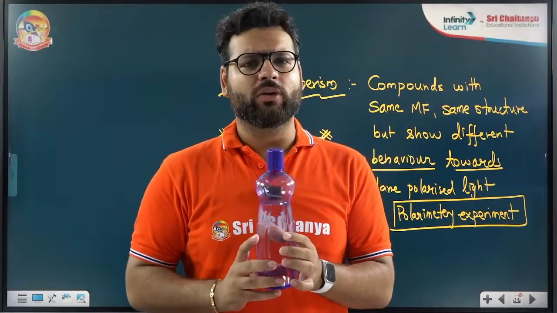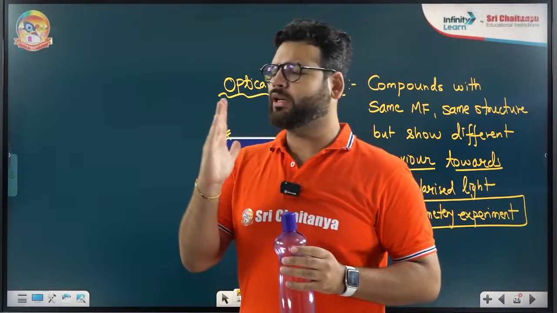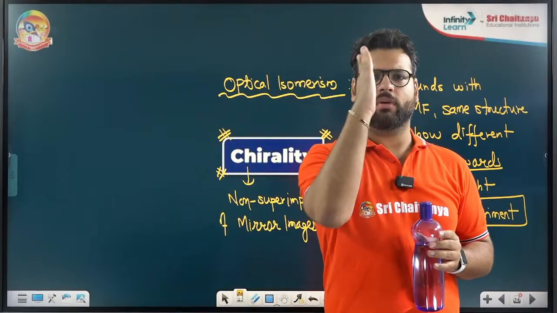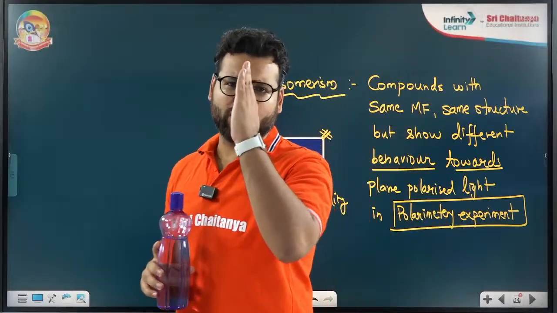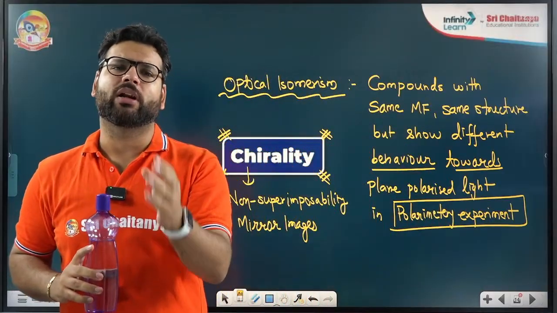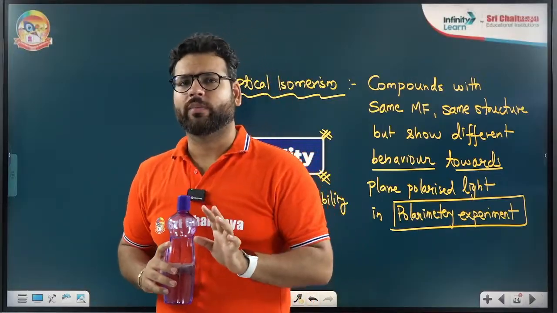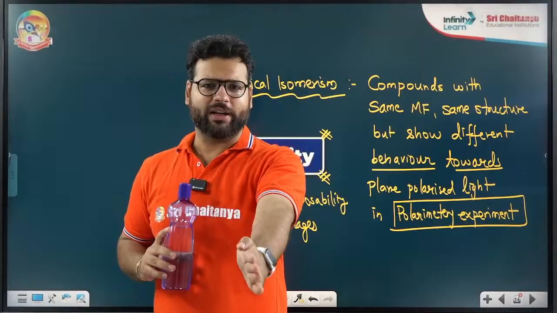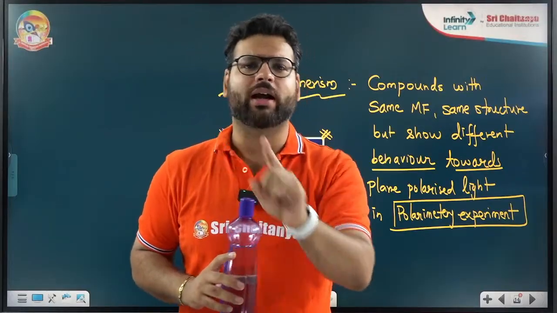So how to check the chirality of a molecule, you will see. Whenever you see a molecule, if you are able to cut the molecule into 2 equal halves using your hand, that molecule is going to be achiral, meaning it will not be chiral. So whenever a plane of symmetry is present, the molecule is not chiral.